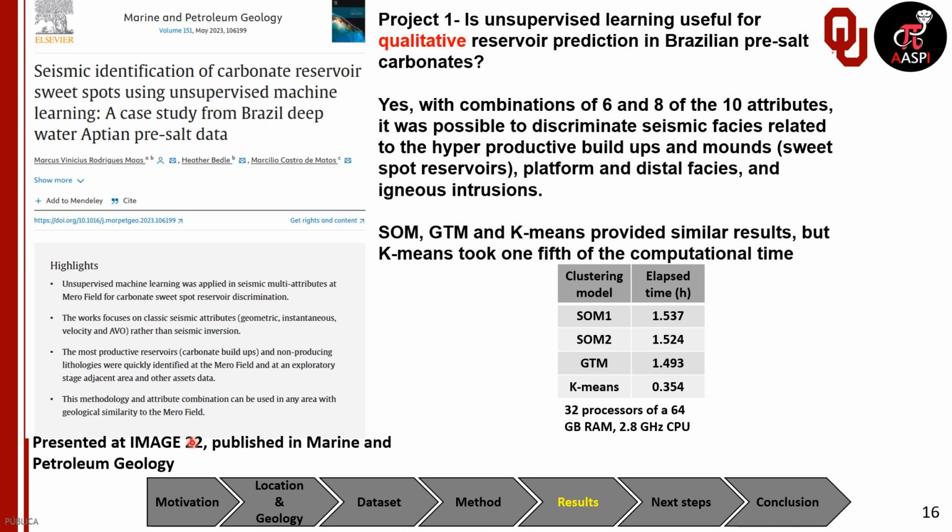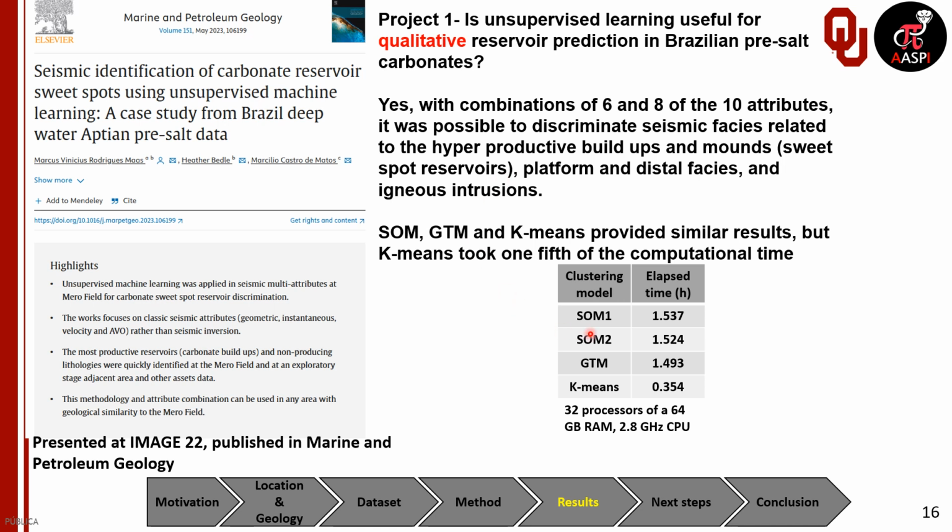And the answer is yes, it's possible to do qualitative reservoir prediction in Brazilian pre-salt carbonates. Okay, we used a combination of 6, 8, and 10 attributes, and it was possible to discriminate seismic facies related to the hyperproductive reservoirs, the platform and distal facies, and the igneous intrusions.